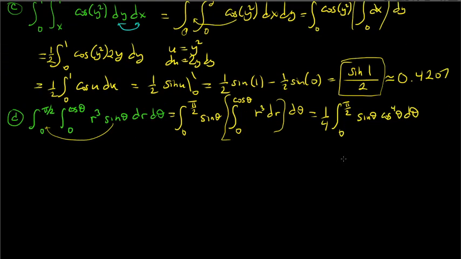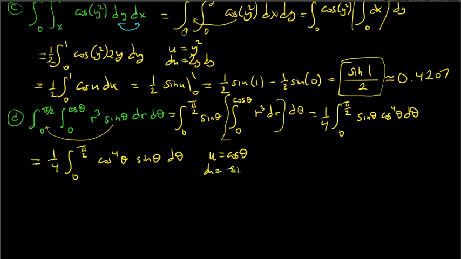Right. So here's our next integral from 0 to pi over 2 of, I'll do the cosine to the 4th first, and then sine theta. So pretty standard substitution. U is cosine theta. The derivative is minus sine theta. So we'll multiply by negative, multiply by negative.